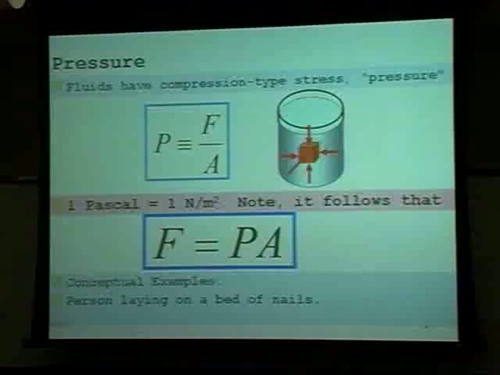I wish I would have salvaged it, but that bed of nails had really sharp nails. I never had a chance to go in there just to dull the tips a little bit. So every time I demonstrated that, I'd end up ruining my shirt because there'd be all these puncture marks in my shirt.